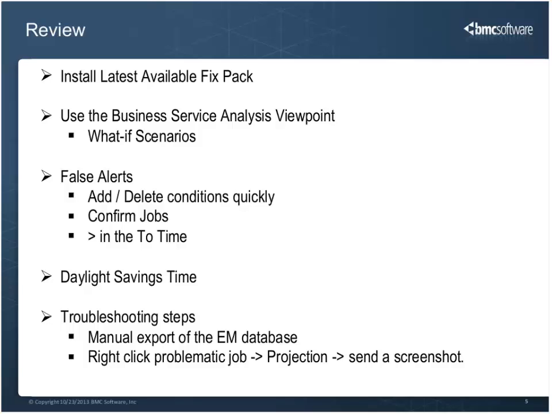Daylight savings time typically only affects mainframe data centers. Sometimes the way the mainframe calculates the end time of a job can be affected by how the z/OS data center calculates that. So one of the things that we have the ability to do, starting with version 700 FixPack 3, was to change the data center definition so that we let Enterprise Manager be the one that determines when daylight savings time is.